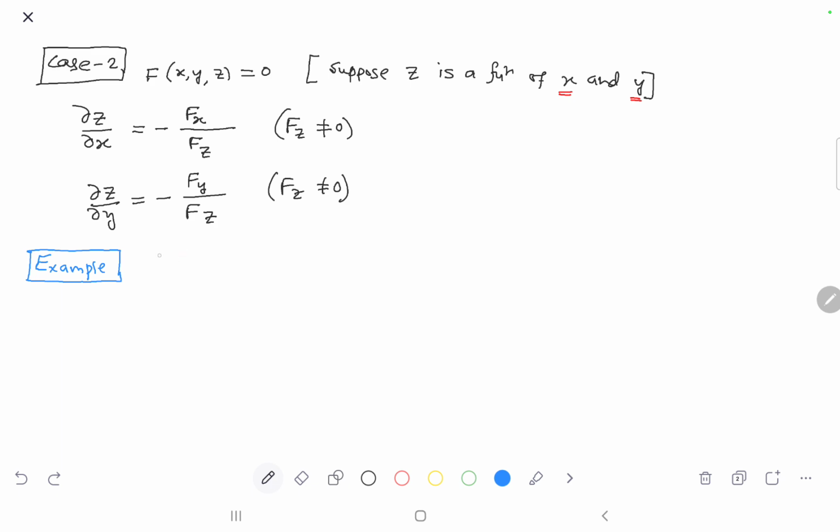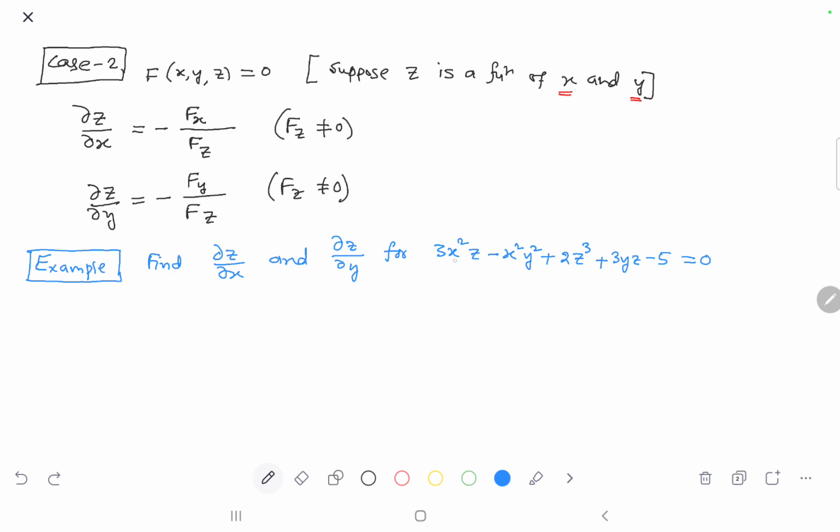Here is an example. Let me write here. Find del z del x and del z del y for, let's say, 3x square g minus x square y square plus 2g cube plus 3yg minus 5 equal to 0.